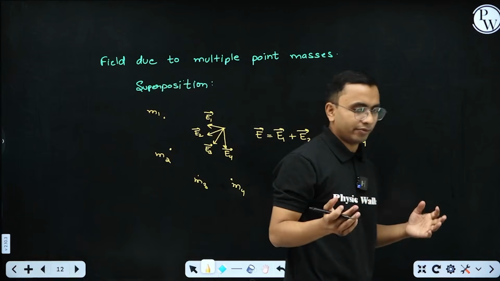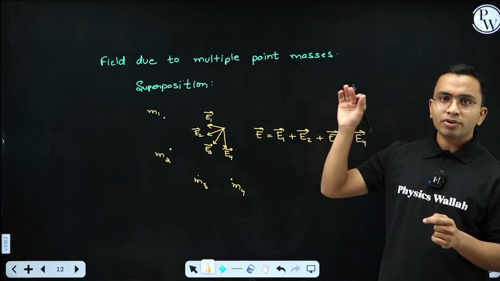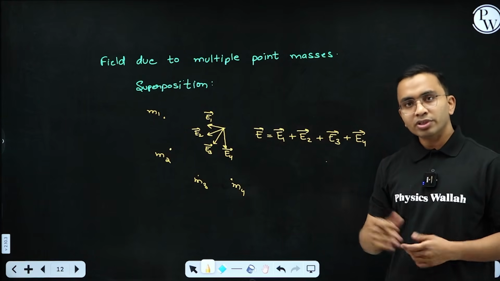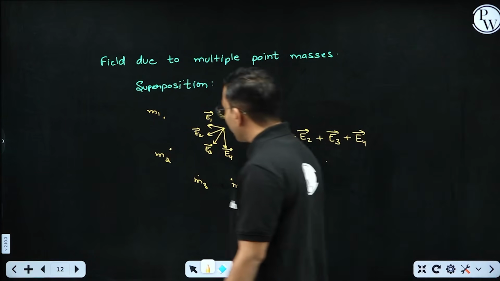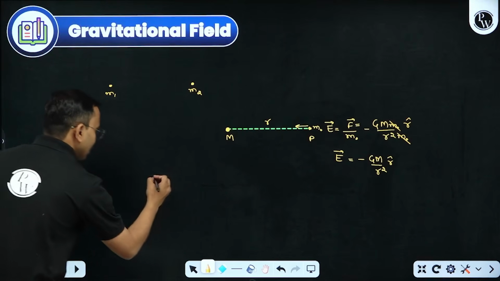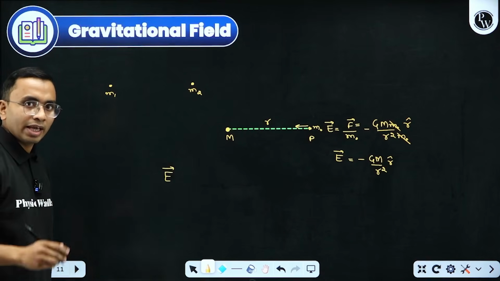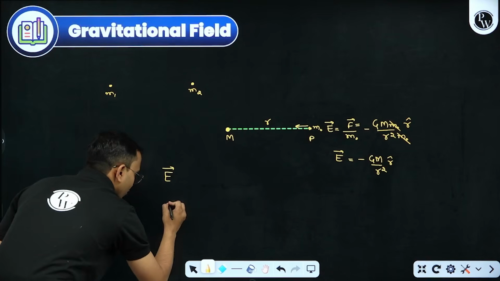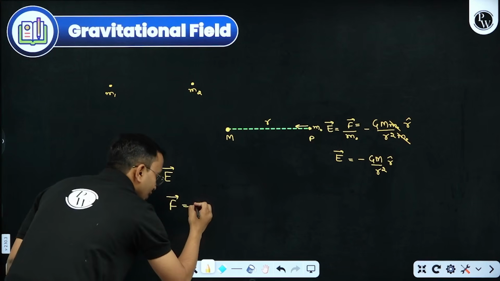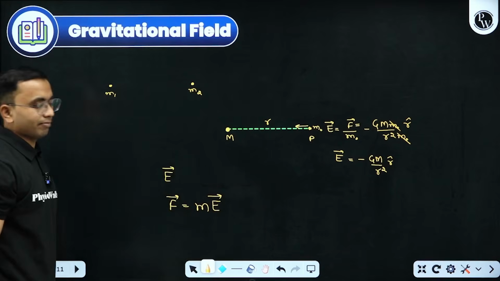So just like force. Now if at a particular point you know that the field there is E, if I put a mass there, how much will be the force? E into m, simple. So if you know at a particular point the gravitational field is E, and I need to find the gravitational force, my gravitational force will be the mass that I'm putting there, m, into the gravitational field there, E. Simple.